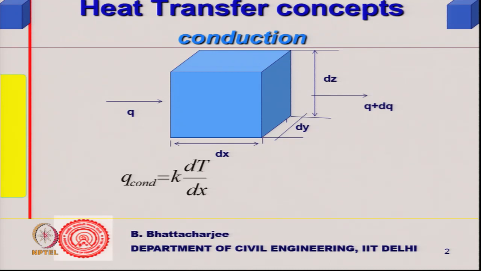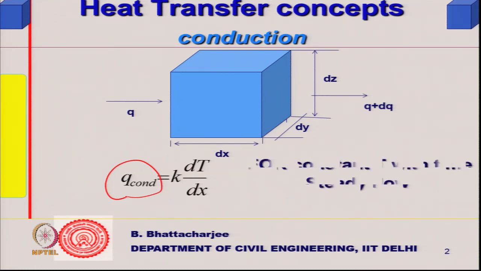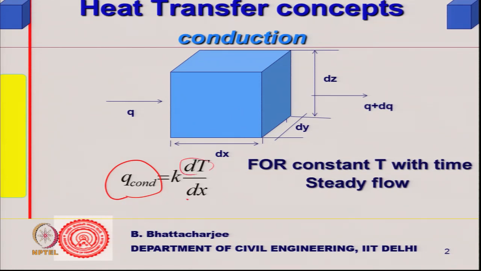Now, Fourier's law says that q is proportional to temperature differential. For example, if I have temperature dT existing between these two, over this distance dx, other sides are all insulated, no heat flow is occurring, then in conduction heat transfer, by Fourier's law, the amount of heat transfer or heat flux is proportional to temperature gradient.